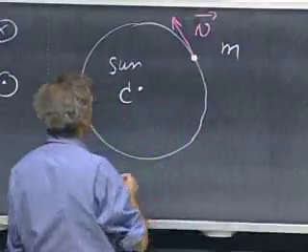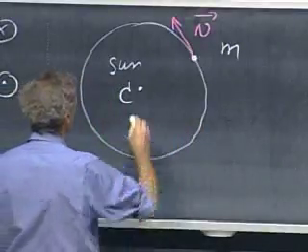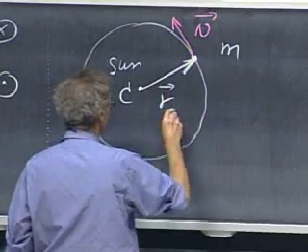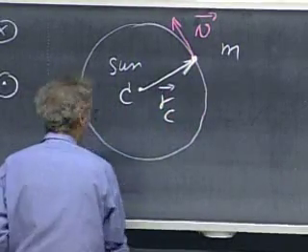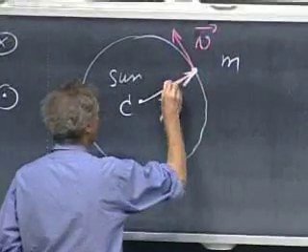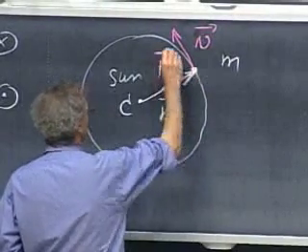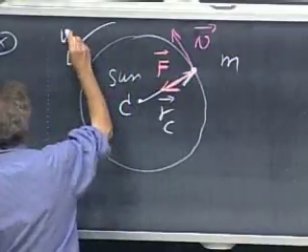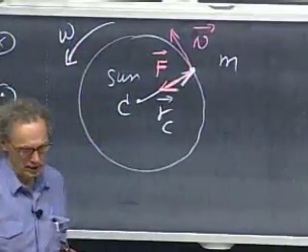The magnitude doesn't change, but the direction does change. The position vector relative to point C is r of c. And then we have a gravitational force, F, which is pointed towards the center. And the angular velocity, omega, is in this direction.